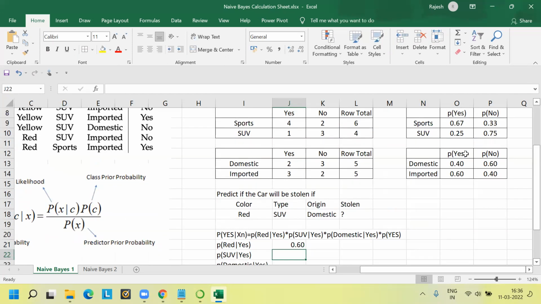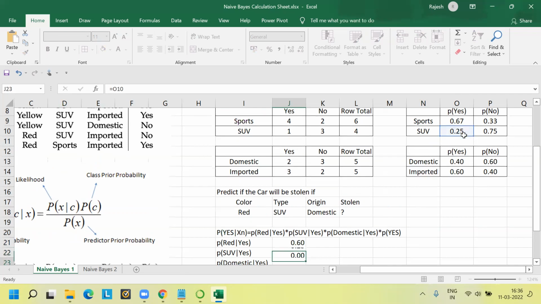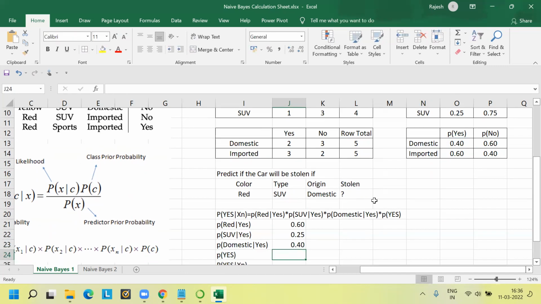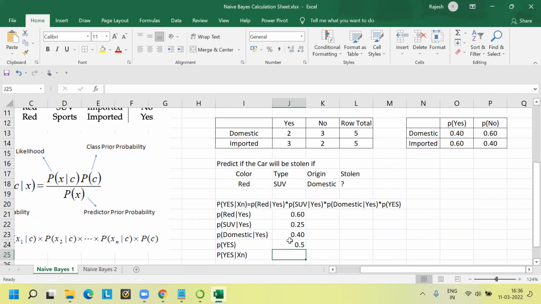Probability of SUV given yes is 0.25. Domestic given yes is 0.40. Probability of yes: we have 10 instances, 5 are yes, 5 are no, so it is 5 by 10, 0.5.